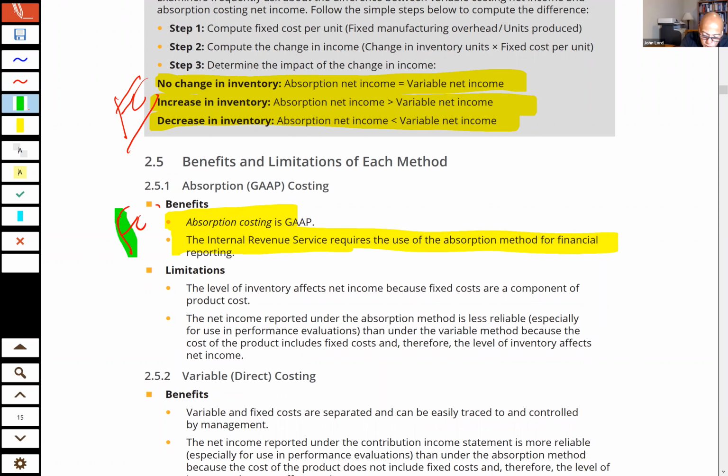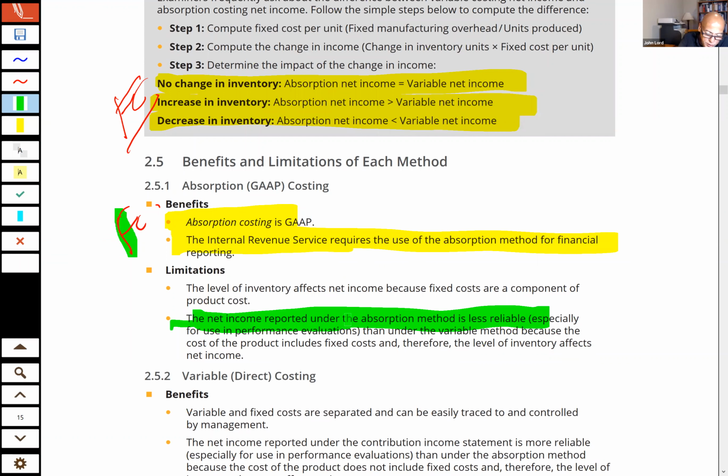The limitation is that the net income reported under the absorption model is less reliable for performance evaluations. When we say performance evaluation, we mean how well we're meeting our targets and that sort of thing.